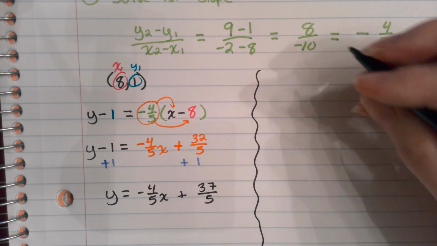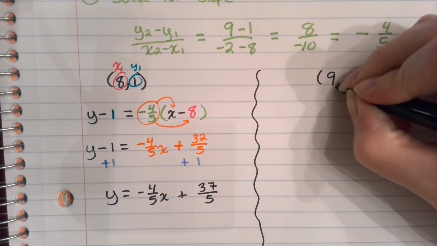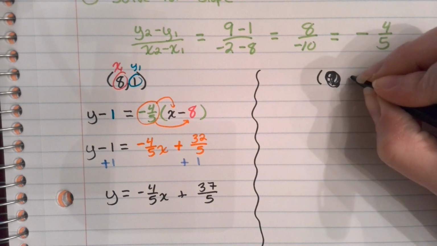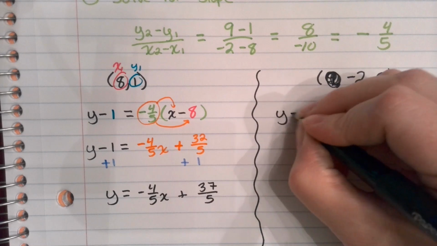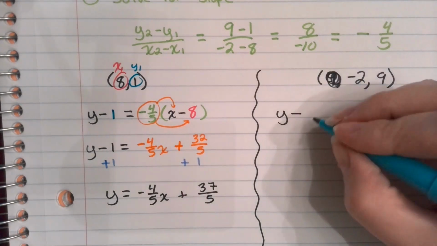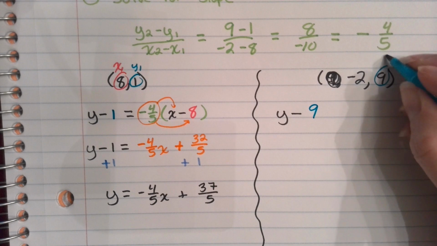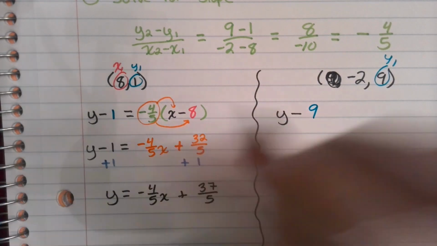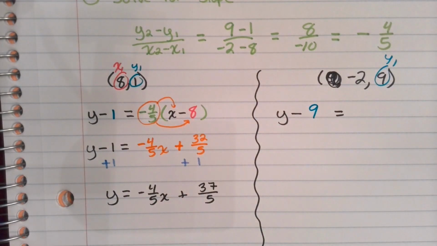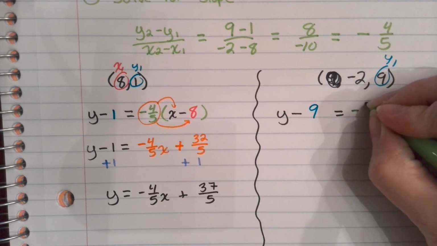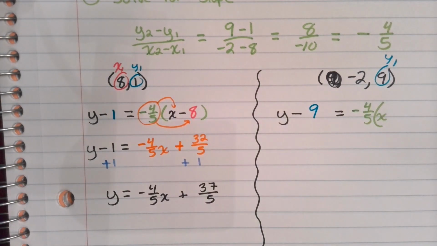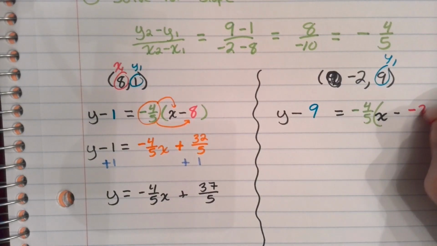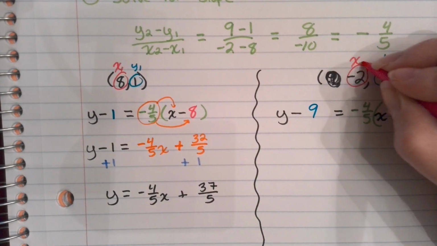Okay, now I'll show you it still comes out the same if I use 9 and negative 2. Oh, sorry, negative 2 and 9. Okay, we'll do y minus the y1 value, so y minus 9 is equal to negative 4/5 times x minus a negative 2, because there's your x1.